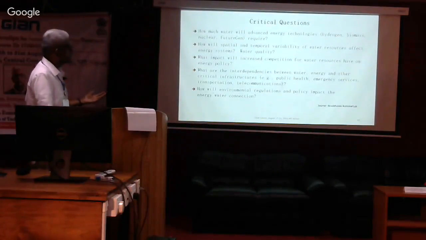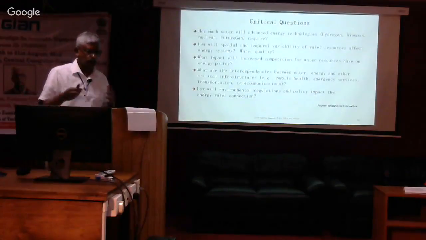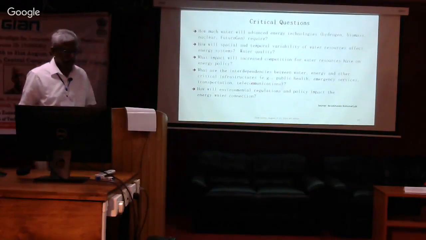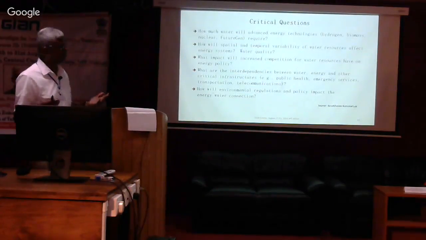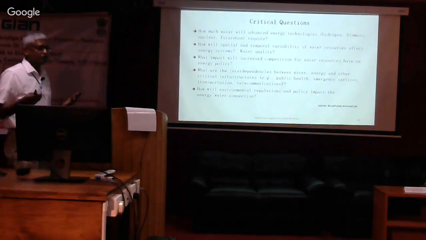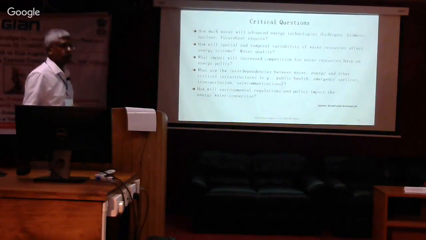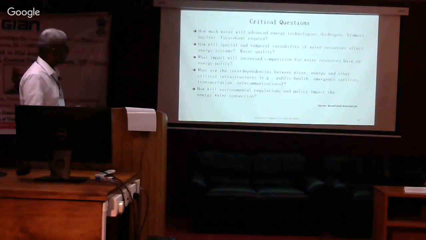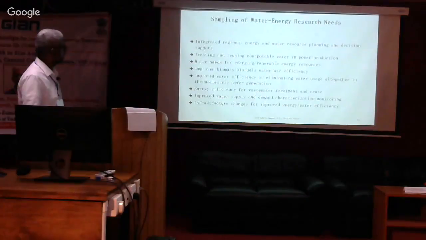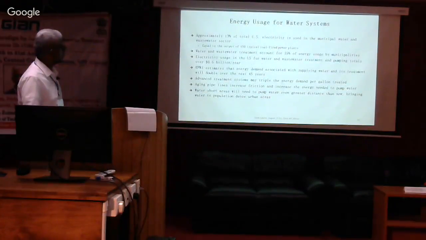When we look at water demand, we know that there is spatial and temporal variability. In the monsoon season, we have a lot of water which is flowing through the rivers. In the dry season, very little. So there are all these things that we have to keep in mind. I'll just skip this for time.